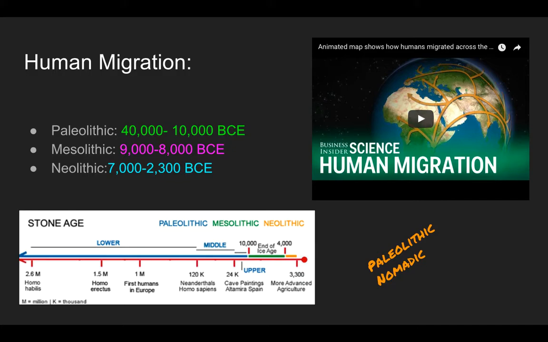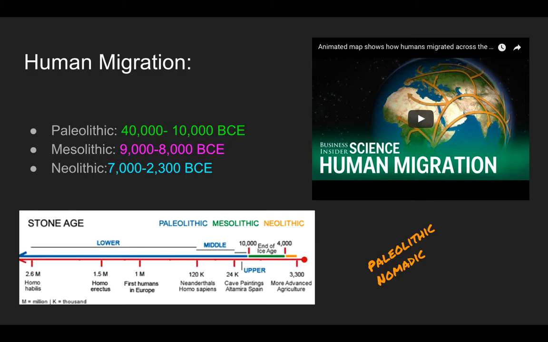There are three periods of global prehistory that we're going to talk about. We've got the Paleolithic or the Old Age, which is generally, and you're going to see these dates vary, so they're not incredibly important, but this just gives you an overview. The Paleolithic period begins between 40,000 to 10,000 BCE.